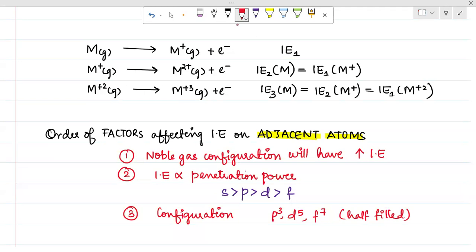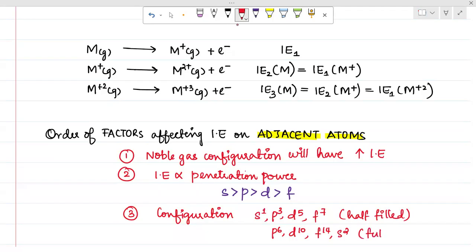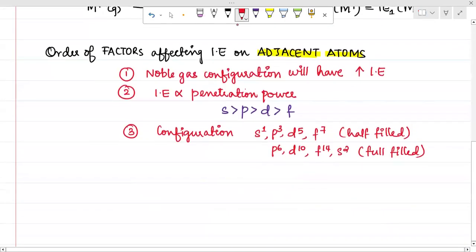So such configurations will also be favored. Not only half-filled configurations, fully filled configurations also have very high exchange energies and hence are stable.